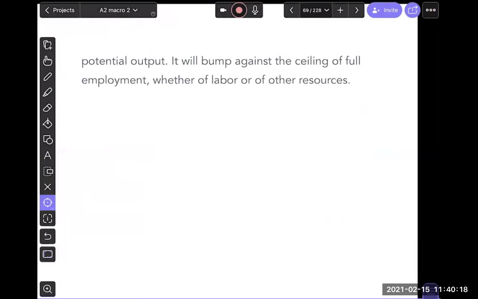It will bump against the ceiling of full employment, whether of labor or of other resources. There will come a point where you will not go beyond YF. So your AE keeps on growing, but you can't go beyond YF. Theoretically, we say that there comes your potential output or full employment level of output. Make sense? So that's what it is.